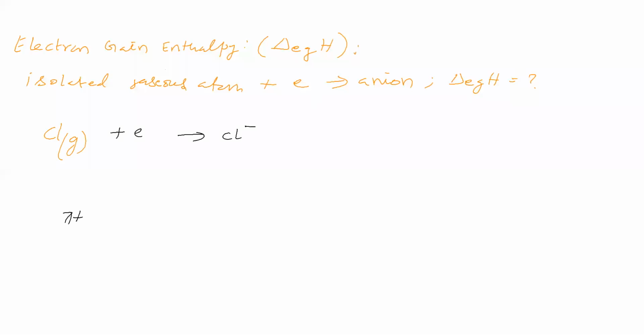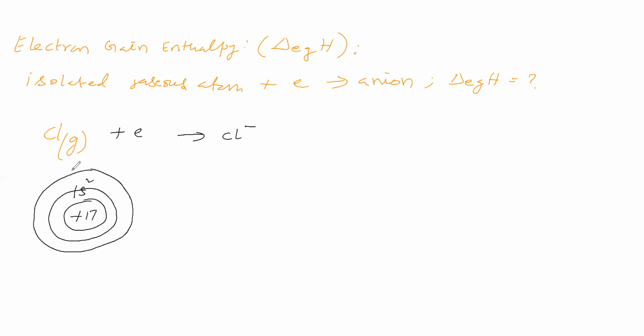The electronic configuration is 1s2, 2s2 2p6, 3s2 3p5. It is the electronic configuration of the chlorine atom.